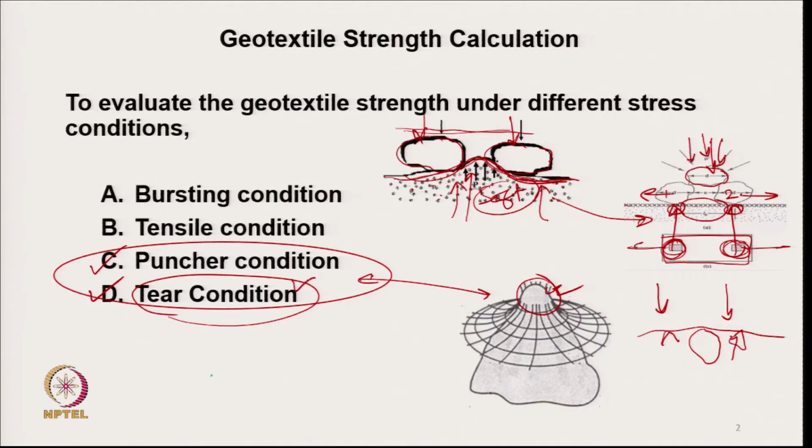Here this tear is due to this puncture condition and this puncture is basically due to this tear. It is not due to the bursting. Bursting is a totally different phenomenon.